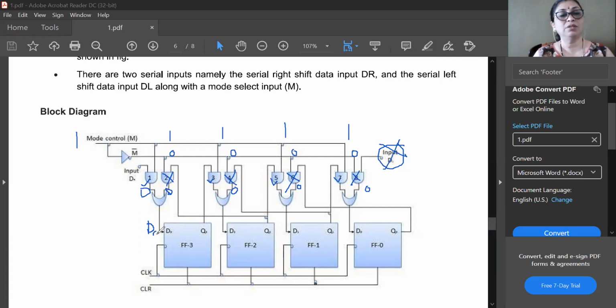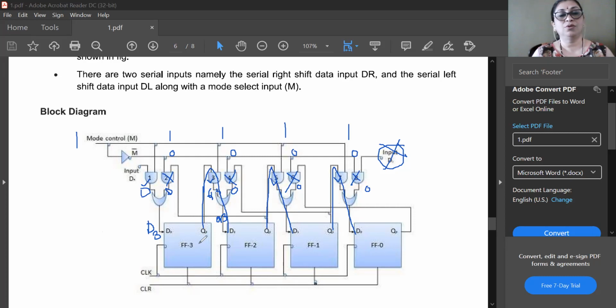Let us call this D3. Q3 will be applied to D2, because the output of this will be Q3, and 0 plus Q3 is Q3. So Q3 is connected through this logic gate to D2. Similarly, Q2 is connected to D1, and Q1 is connected to D0.